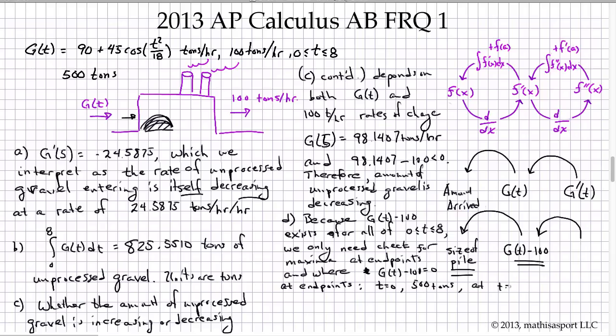At t equals 8, well, we have to start with 500, since that's our initial value, plus we have to add the integral from 0 to 8 of g of t minus 100.